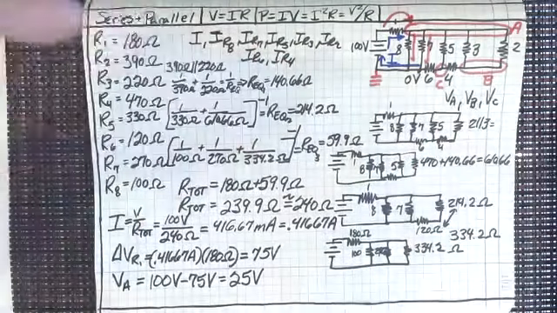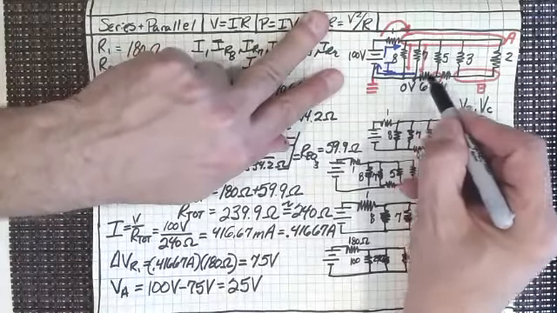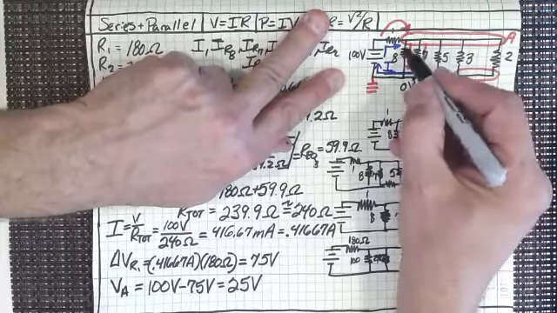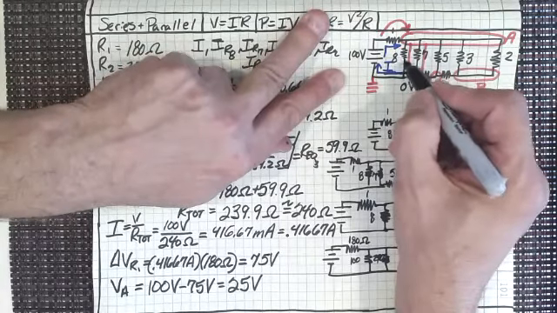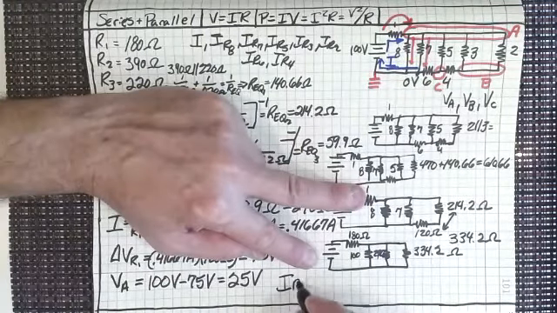Well, let's do that. Let's just figure out what the current is that's flowing through number 6. How would I do that? Let's find out what the current is that's flowing through number 8.